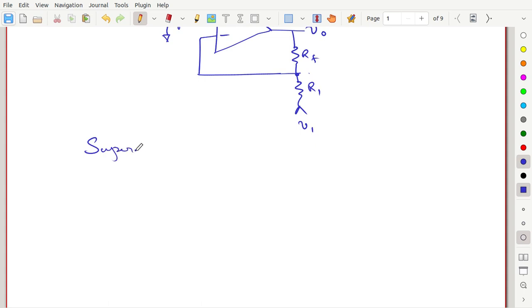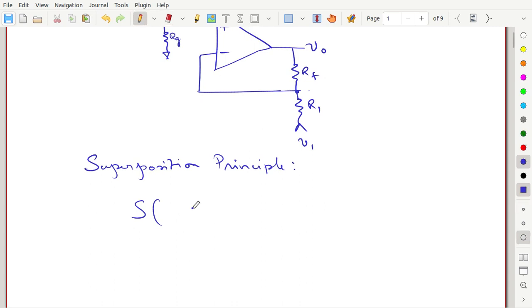The superposition principle states that the combined solution of the differential amplifier is nothing but the sum of the solution of the inverting amplifier and the solution of the non-inverting amplifier.